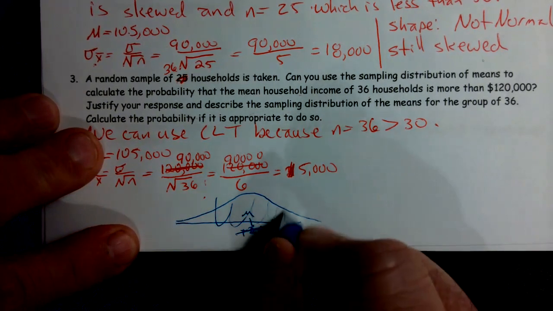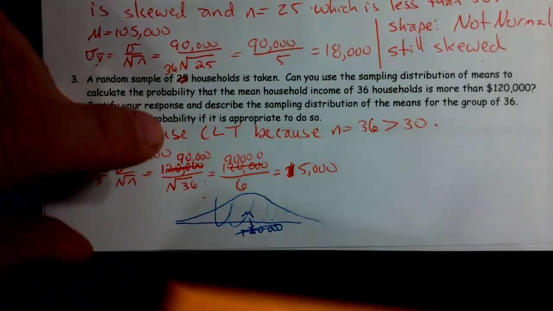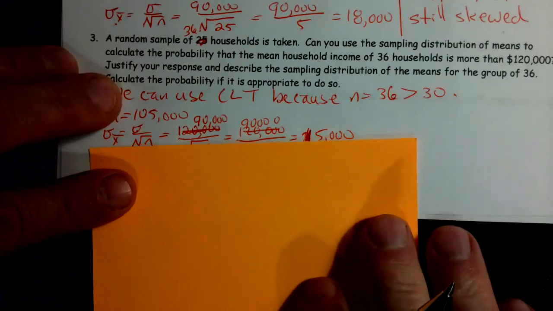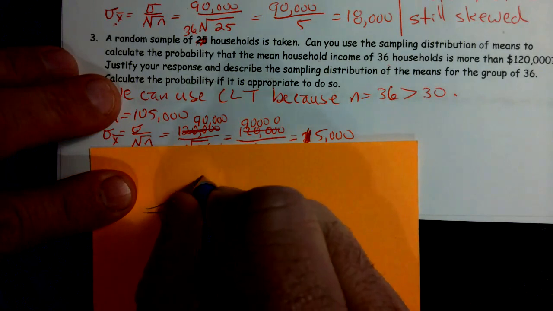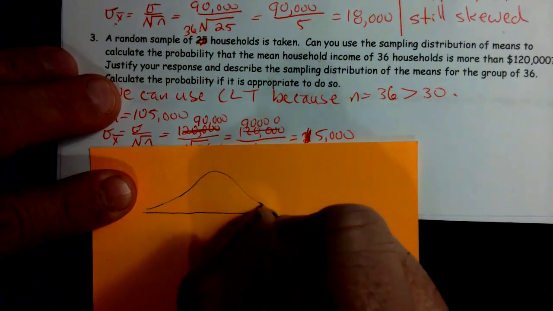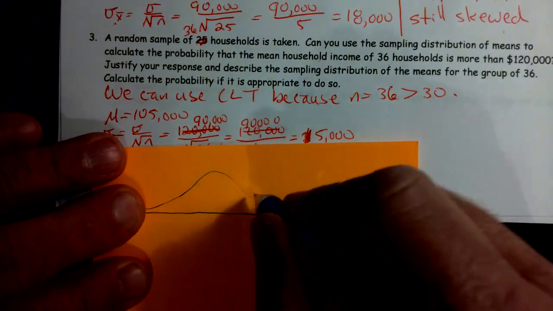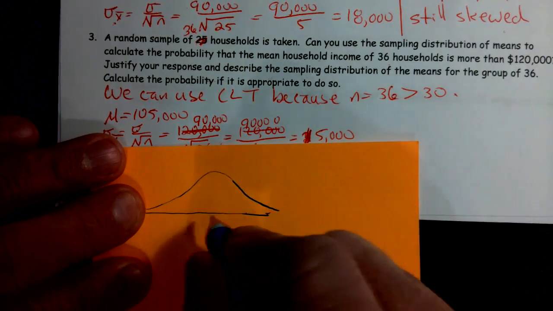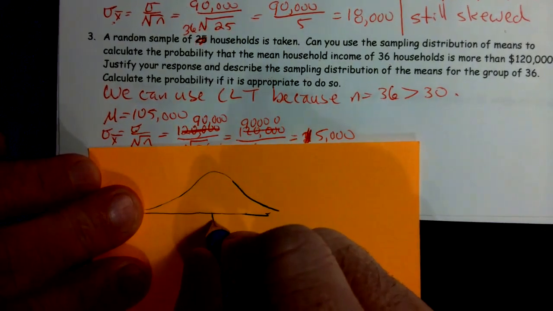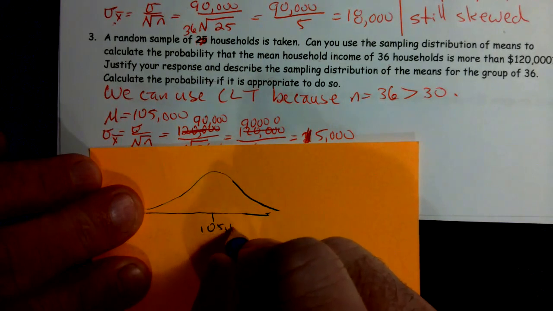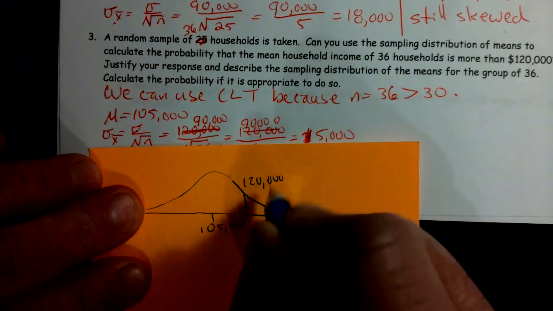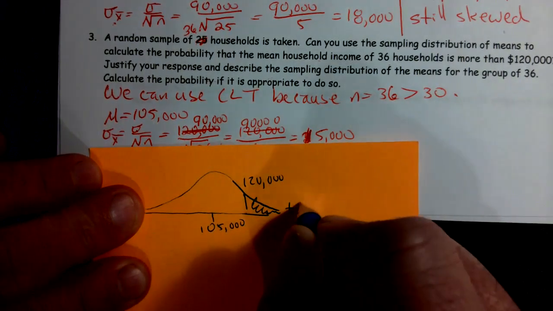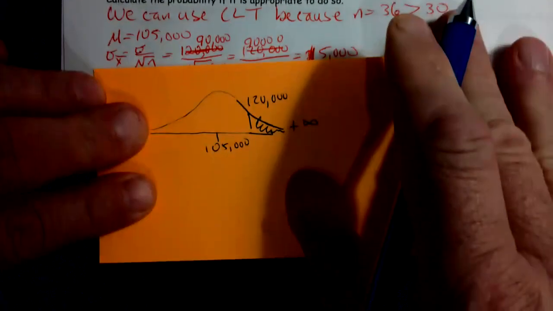Let me start over with that. Matter of fact, I'm going to put this on a card since I kind of ran out of room. So our mean is 105,000. We want to know the likelihood of getting 120,000 or more, which means this goes to positive infinity.